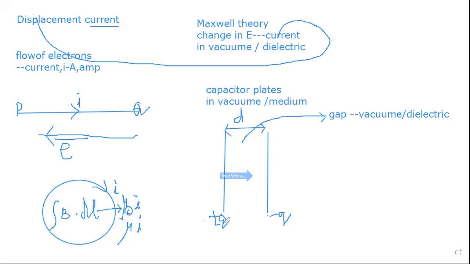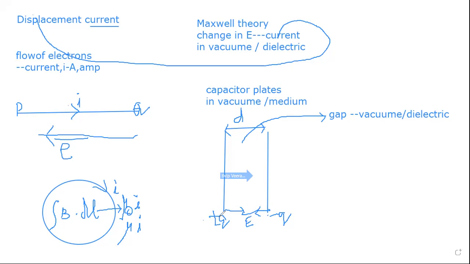Two opposite charges are placed at a distance in vacuum or dielectric, and an electric field is produced between these two plates.